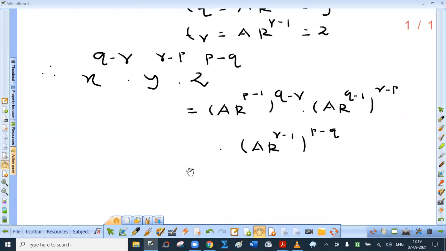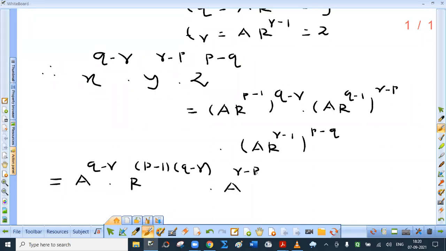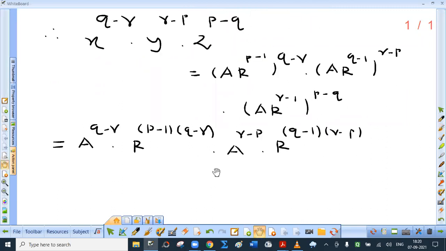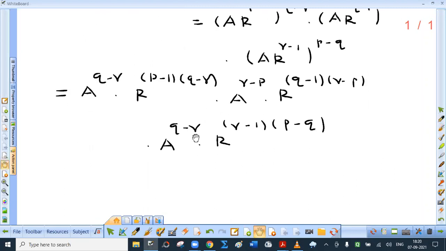Simplify this further. So this is capital A raised to Q minus R into capital R, A raised to M raised to N, A raised to MN, so P minus 1 into Q minus R, into capital A raised to R minus P into capital R, Q minus 1 into R minus P, into capital A raised to Q minus R, capital R raised to R minus 1 into P minus Q. So what is difficult?